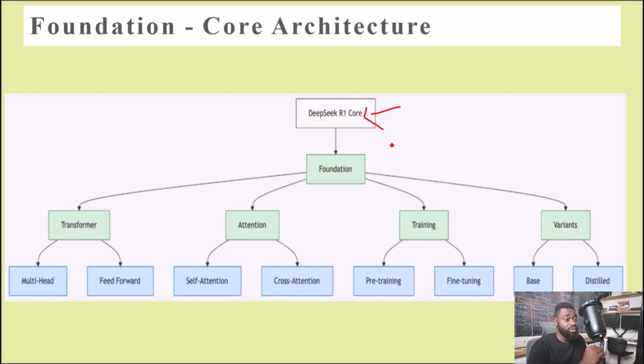We have what we call multi-head feed forward, and that doesn't make any sense at this point, but it's okay. We have the attention mechanism, self-attention, cross-attention, and we have the training side of things: pre-training, fine-tuning, and variants. So we have the base foundation model and distilled models. Now let's go ahead and look more through this diagram, so we can have more of an idea of this architecture and how it all comes together.